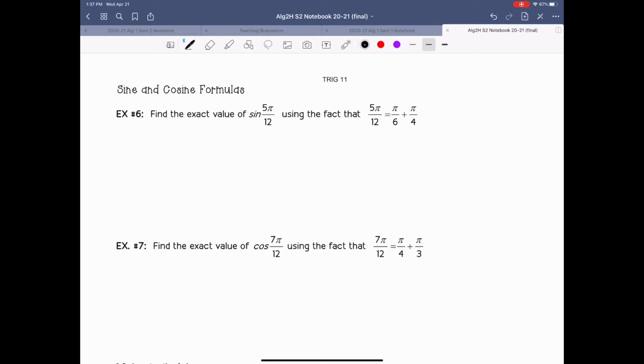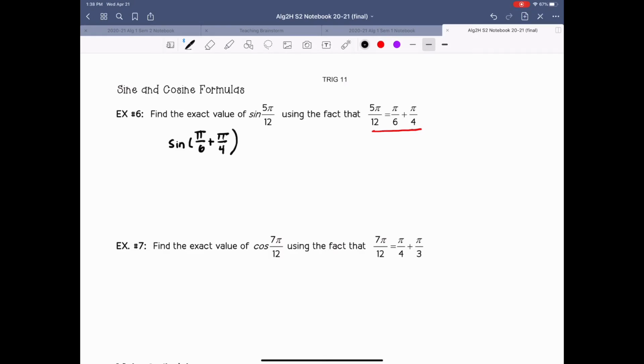Example number 6. So now we are going to find the exact value of the sine of 5 pi over 12 using the fact that 5 pi over 12 is the same thing as pi over 6 plus pi over 4. So now, instead of thinking of this as the sine of 5 pi over 12, we're going to think of this as the sine of pi over 6 plus pi over 4.